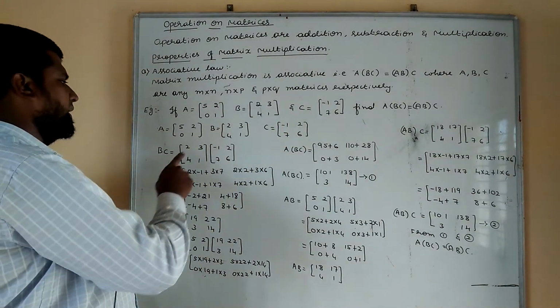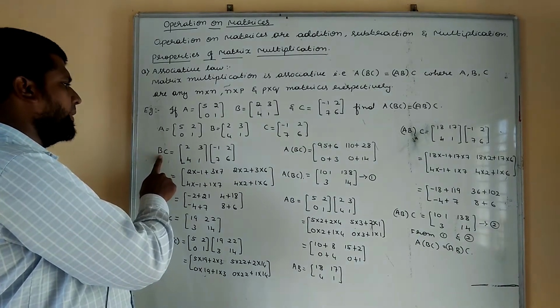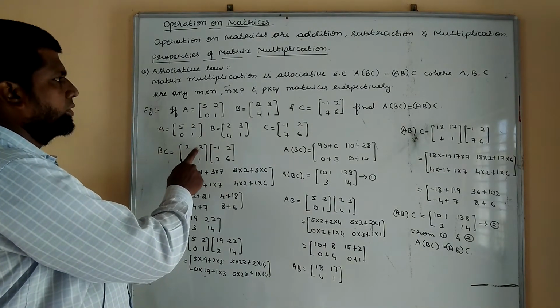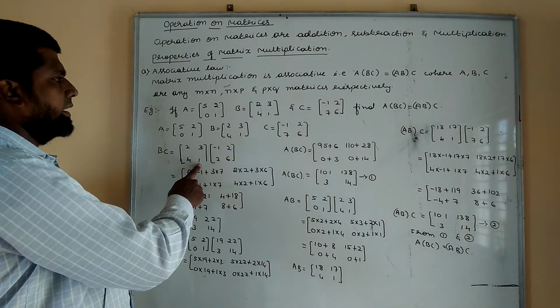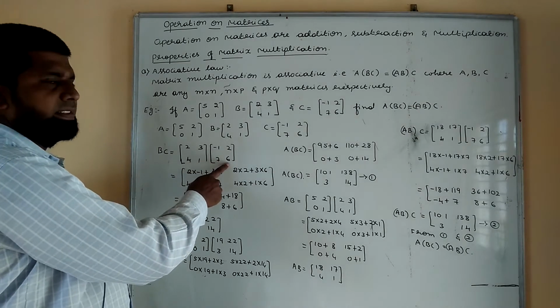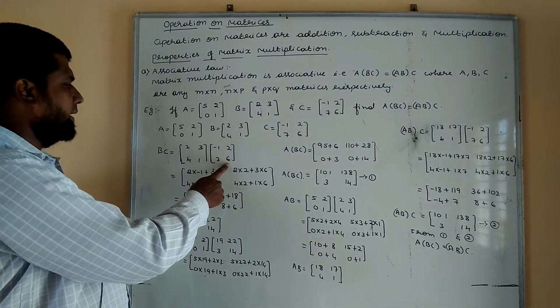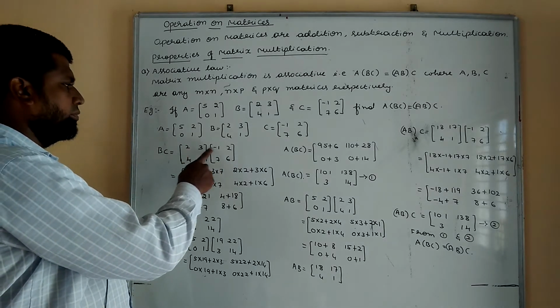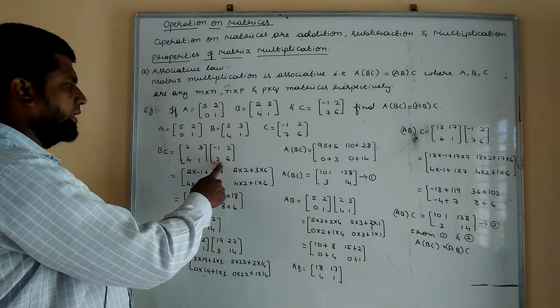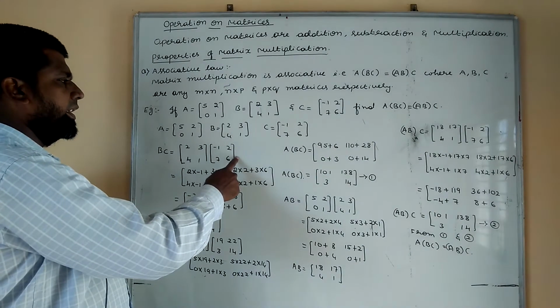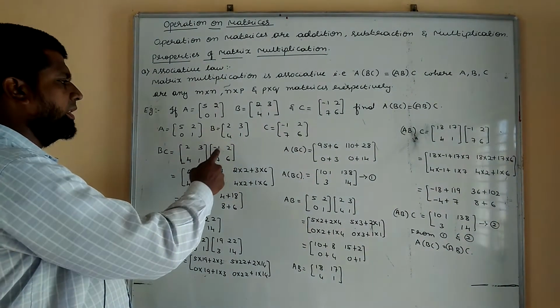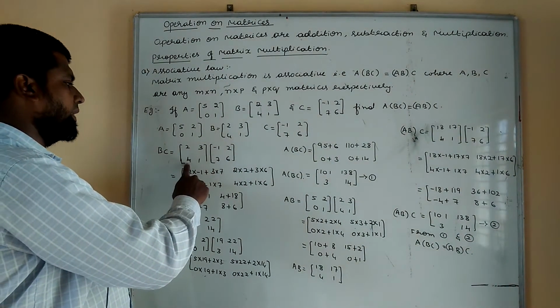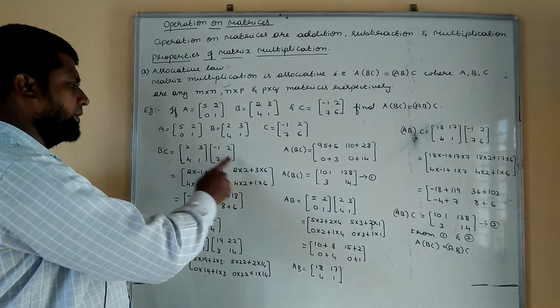In A of BC, I have taken BC. B is 2, 3, 4, 1. C is minus 1, 2, 7, 6. Let us multiply both matrices. We know the condition: the first row should be multiplied with the first column, the first row with the second column, the second row with the first column, and the second row with the second column.